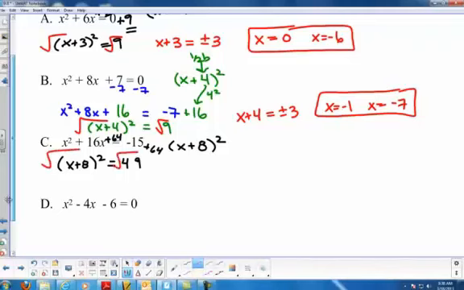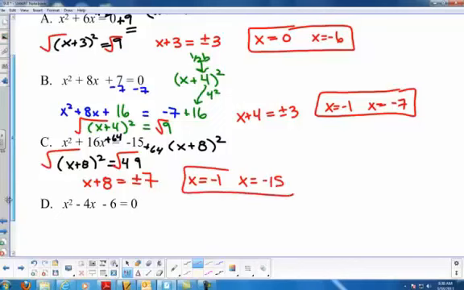We're going to square root both sides. So x plus 8 equals positive or negative 7. When you subtract 8, 7 minus 8 is negative 1, and negative 7 minus 8 is negative 15.